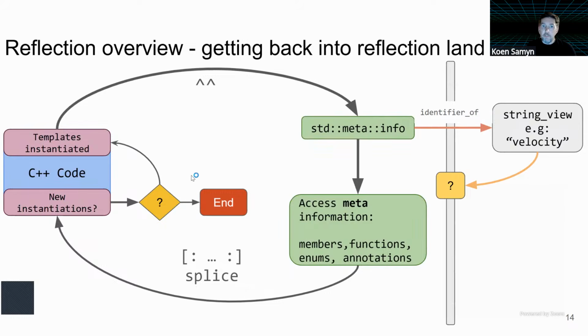So that's a bit of a different way of thinking with regards to languages such as Java and C#, where you can start from a string and query anything everywhere. With C++, it's during compilation, so you can only use what you know during compilation.